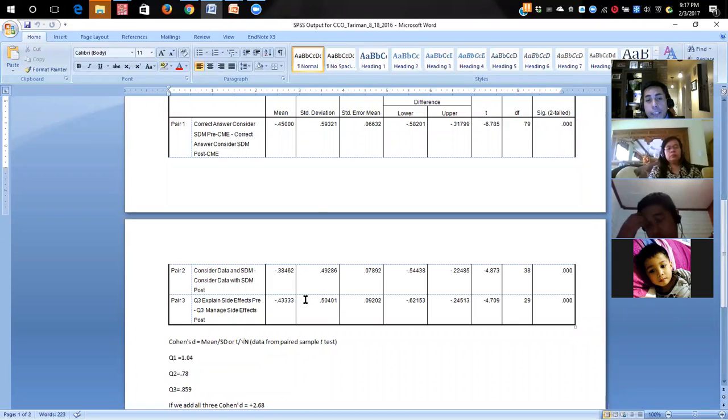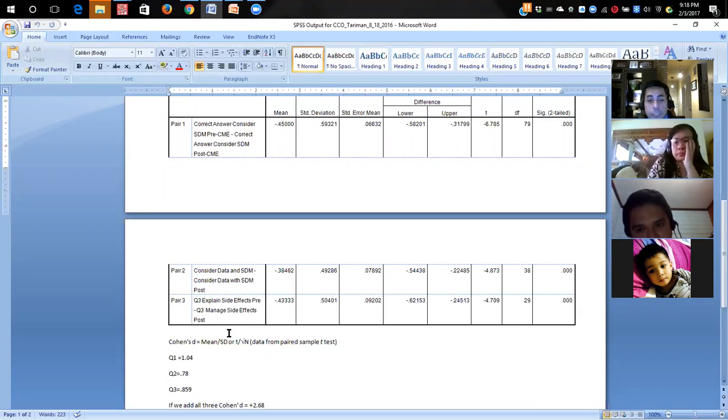But these are the means from the paired t statistics. And our third question is, are they able to give the correct answer in explaining the side effects pre-test, minus the correct answer for managing the side effects post-test. And again, we had a negative mean score in the paired t-test, which shows that our intervention worked.